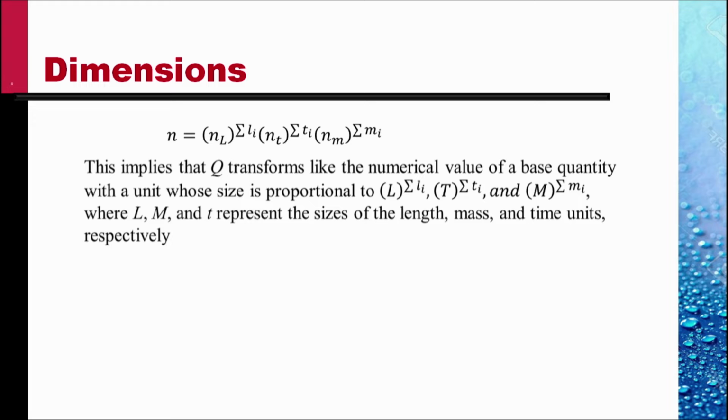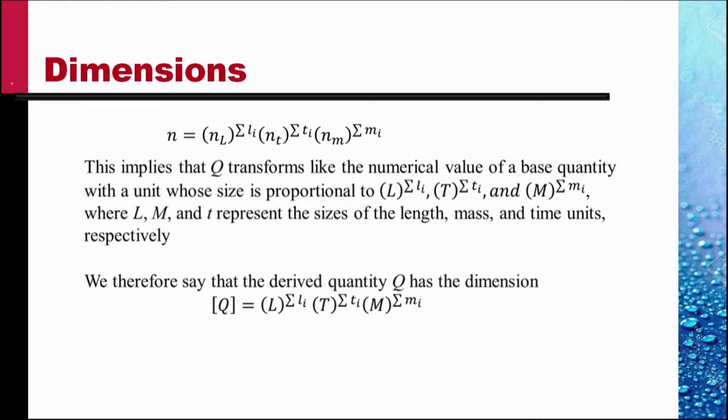This implies that Q transforms like the numerical values of the base quantities with a unit whose size is proportional to L raised to power summation li, T raised to power summation ti, and M raised to power summation mi, where L, M, and T represent the sizes of length, mass, and time units respectively.